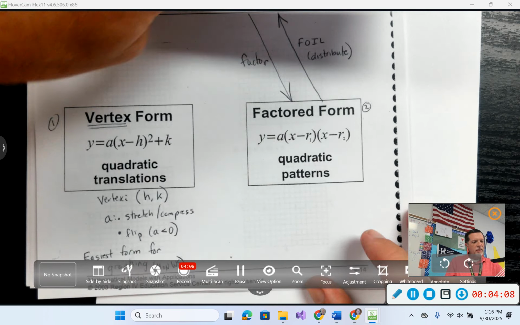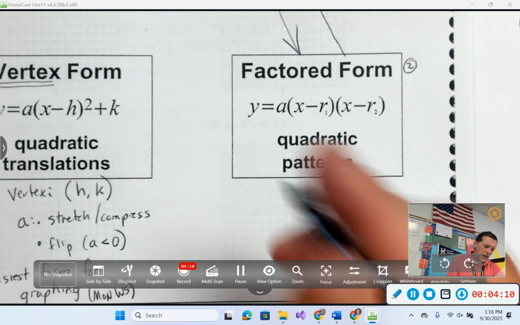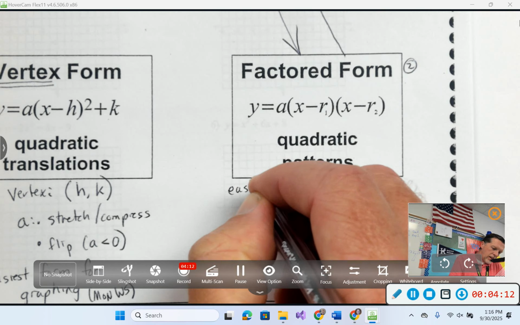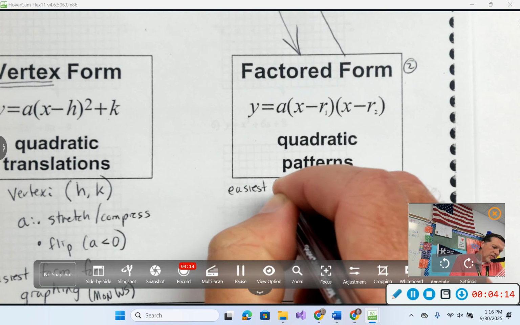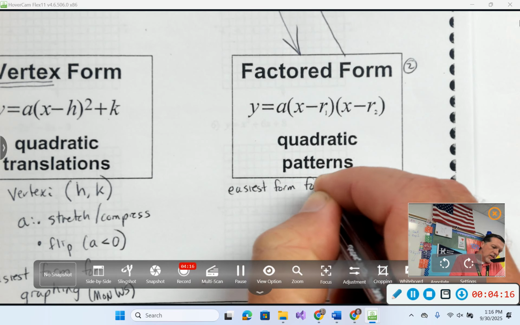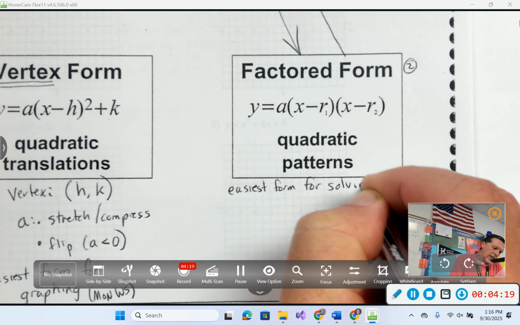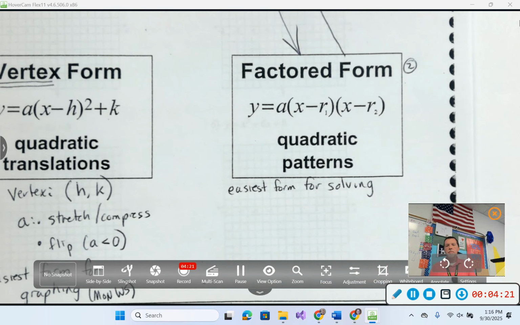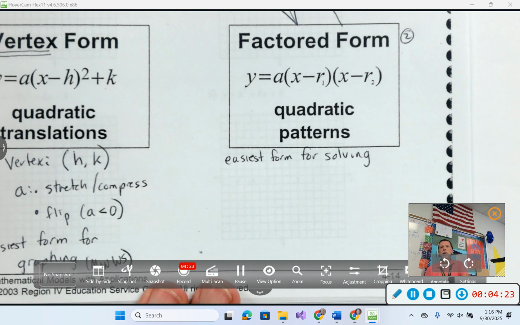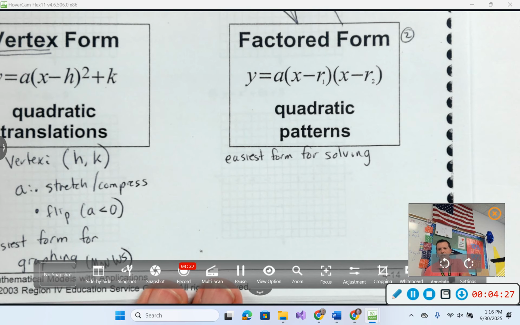Factored form is nice for solving, so I'm going to say that it's the easiest form for solving. We haven't done it this year. I think you did it in Algebra 1.